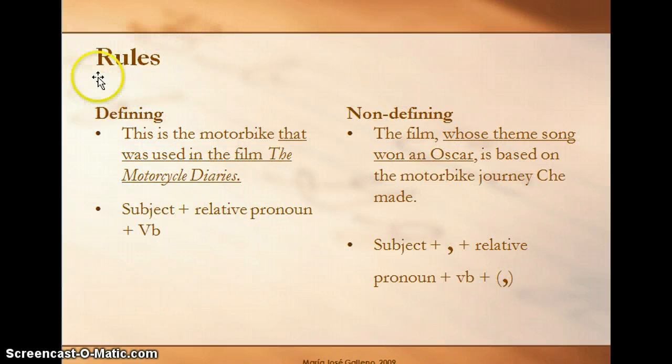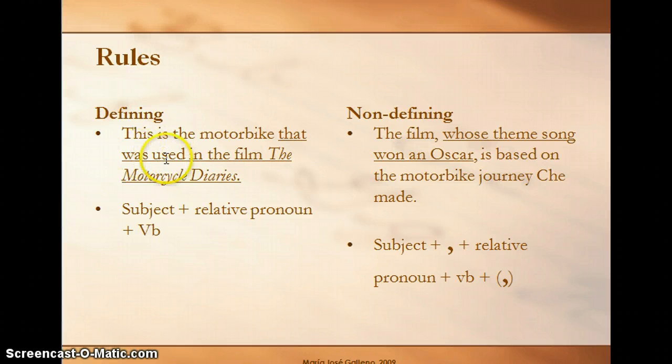So, how do we form it? For the defining, we have the subject, this is a motorbike, the relative pronoun, which is what we'll be looking at in a second, in this case that, and then the verb. In this case, we have the passive voice in past simple tense. The tenses do not change.